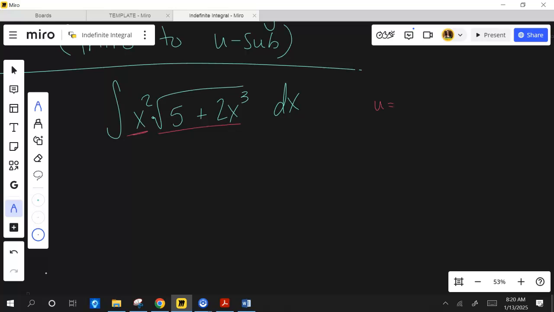The way I decide which one is I look at which one I kind of have the derivative of, and then I'm going to use the other one for U. So in other words, if I took the derivative of 5 plus 2x cubed, I don't have the constant out there, but that's okay. I'm going to worry about that in just a minute. So what if I let U be 5 plus 2x cubed?